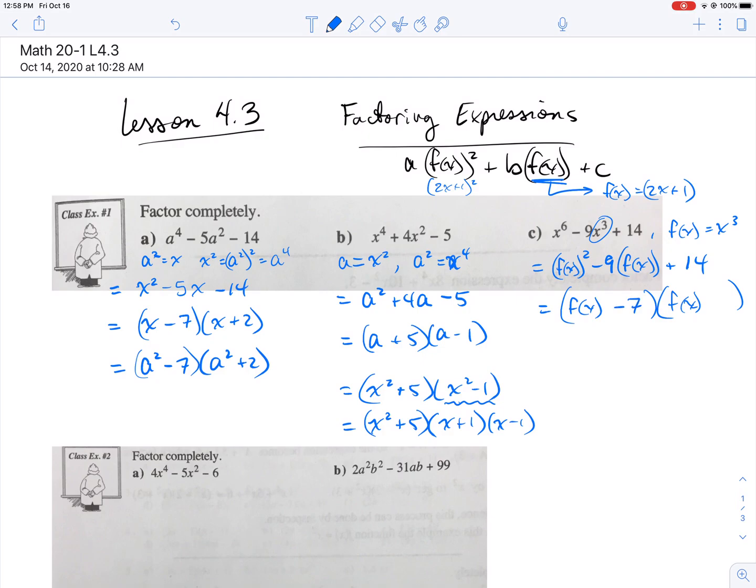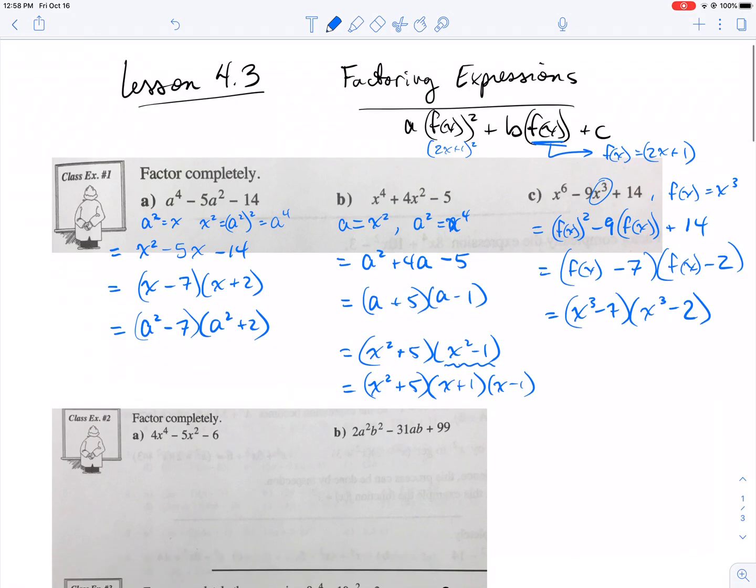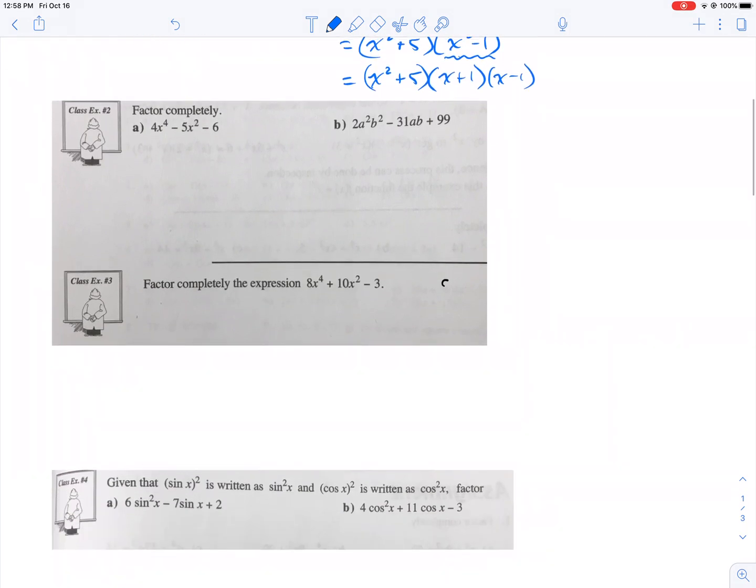Negative 7 and negative 2. And then I would say x cubed minus 7, x cubed minus 2. And if you want to just leave it as x cubed, you don't have to use f of x, or you don't have to use any substitution. Sometimes you can just go with it and it's fine. Okay, I'll do a couple more here.